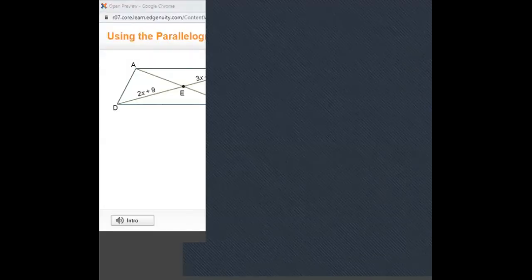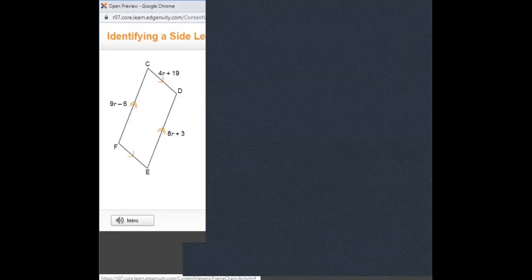So let's look at number 5. Number 5 would be really similar to the ones that we've already solved. You know that segment CF and segment ED are going to have to be congruent to each other.